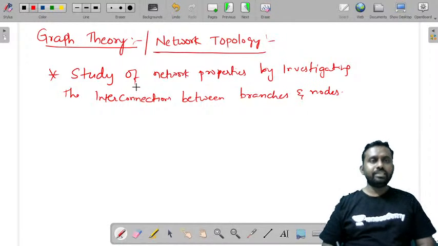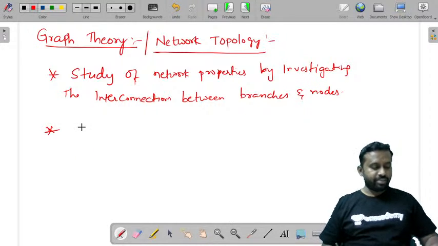So this is graph theory. It is a study of network properties, wherein by investigating the interconnection between the nodes and branches, we study the properties of a given network.